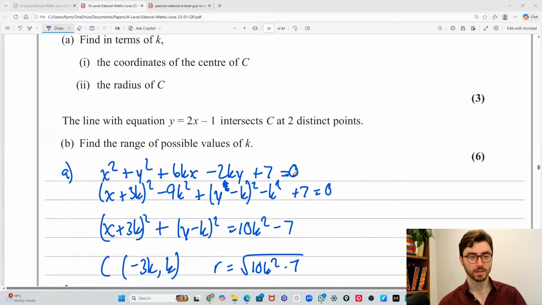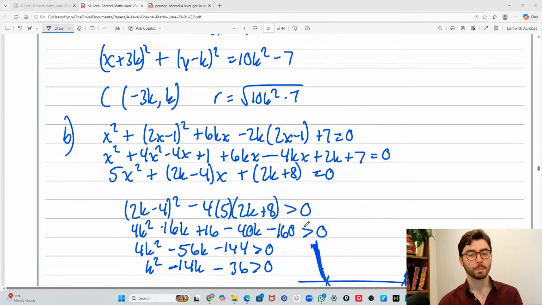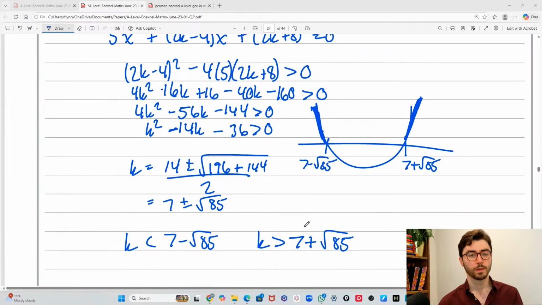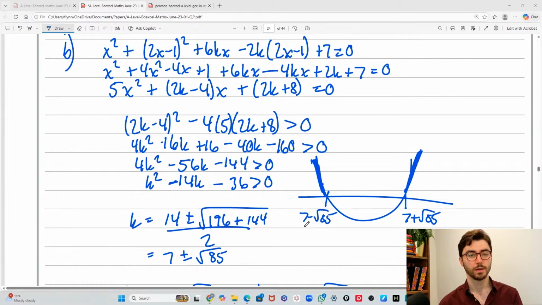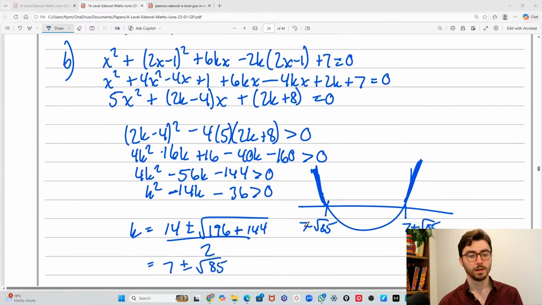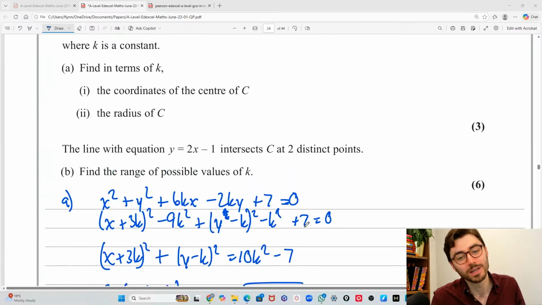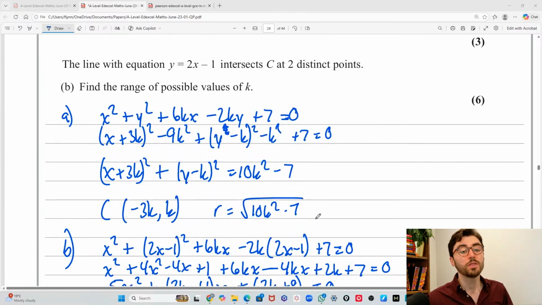And so that means that the center is minus 3k and k, and the radius is the square root of this thing. Great. I don't like it, but it is what it is for this one. So I know that the method was correct.